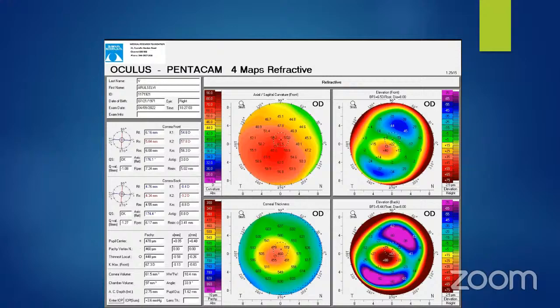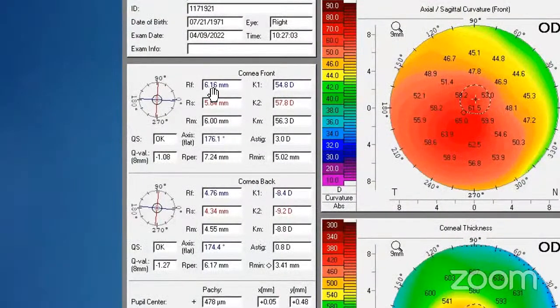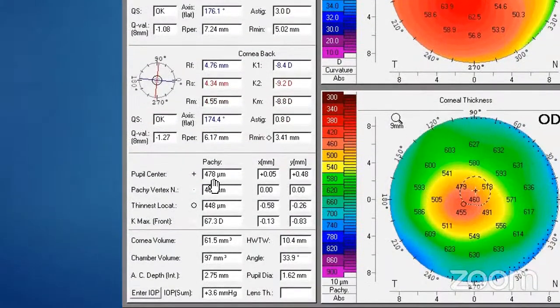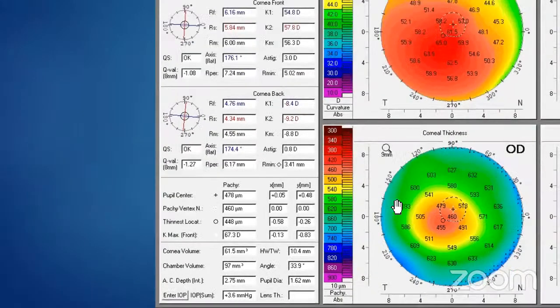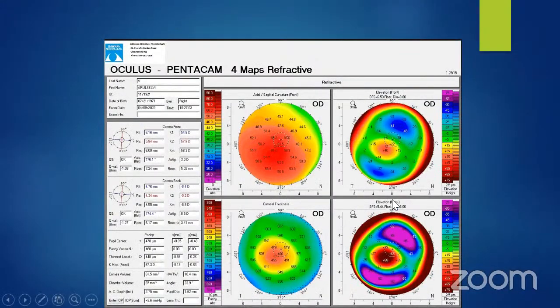Right, so this one: 54, 57, K1, K2. I'm giving you the values. 448 thinnest local. K max is 67.3. Should we do something about it? Keratoconus, right? Everybody agrees, yes, ma'am.